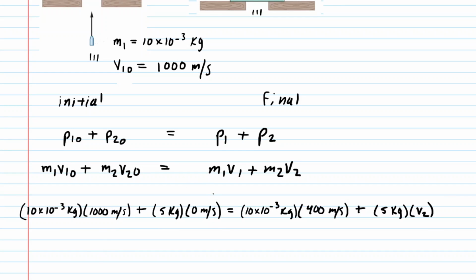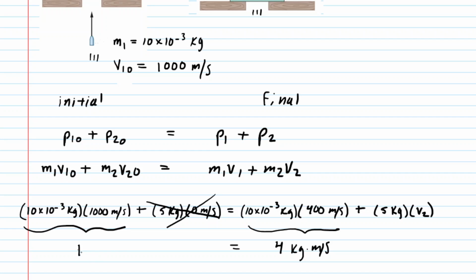Notice that the value right here is going to go to 0 because we're multiplying 5 times 0. We can simplify the right-hand side a little bit here. We can multiply these values out, and we end up with 4 kilogram times meters per second. Similarly, we can simplify over here. This turns out to equal 10 kilogram times meters per second, and then we have this plus 5 kilograms times v2.